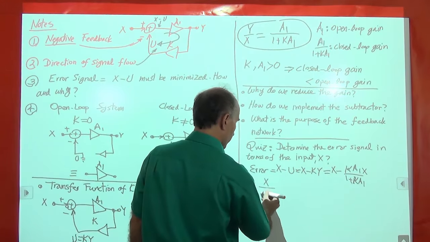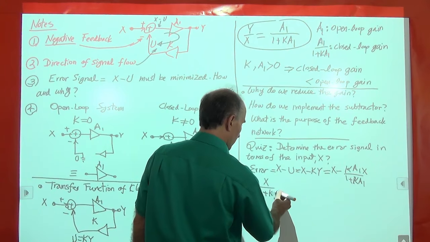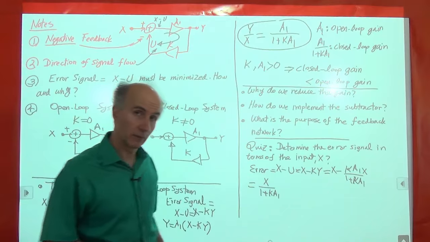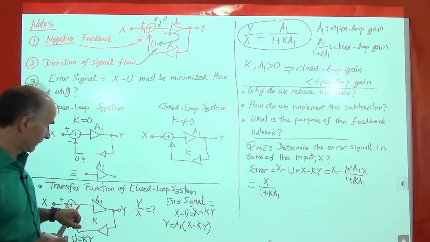We have X over 1 plus K A1. So that's the amount of error that we produce at this point.